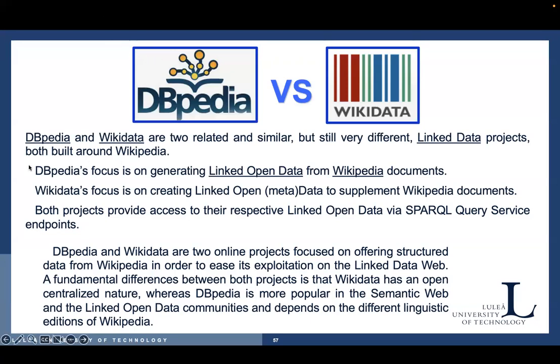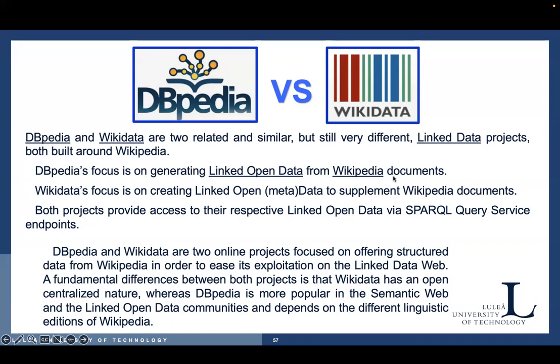So they are slightly different, in that Wikidata focuses on creating metadata to supplement Wikipedia documents, while DBpedia is focusing on linking this data from the document.